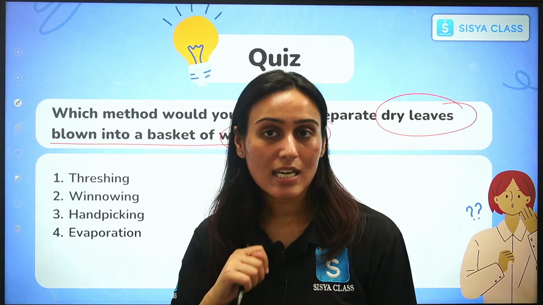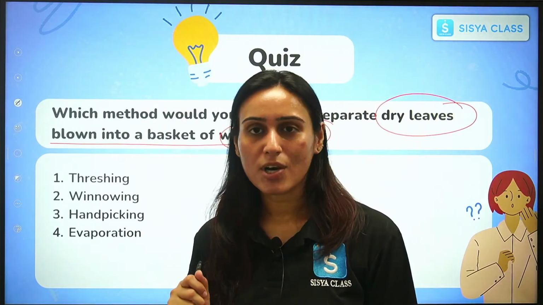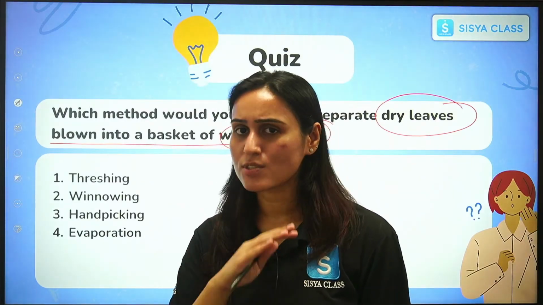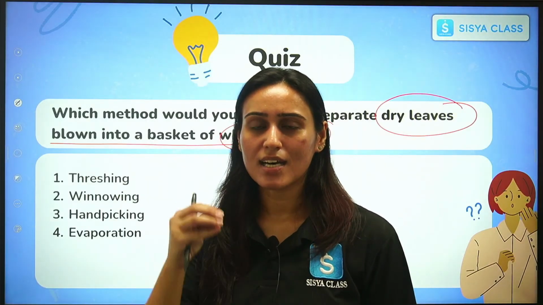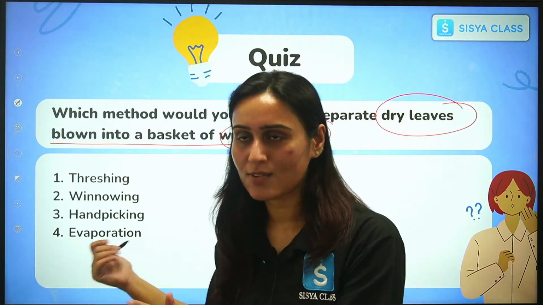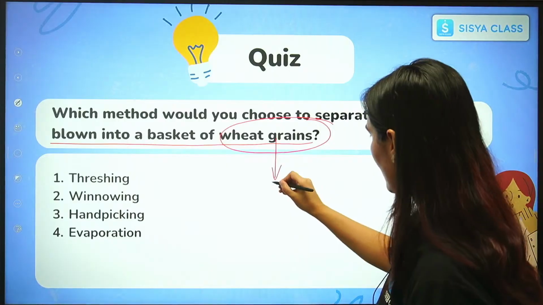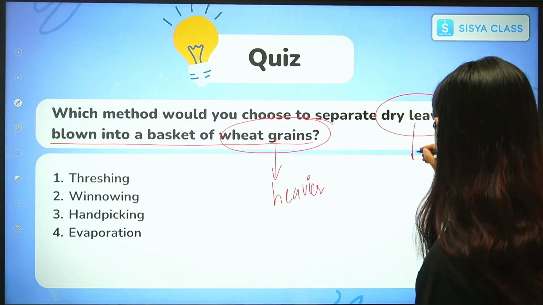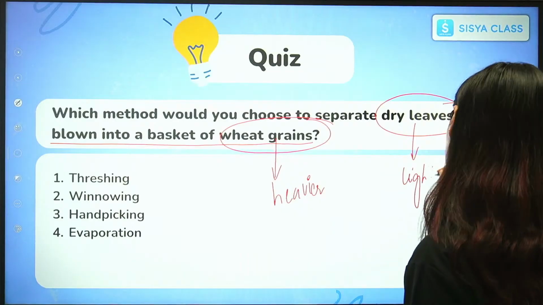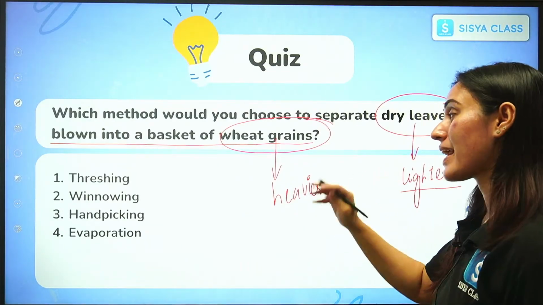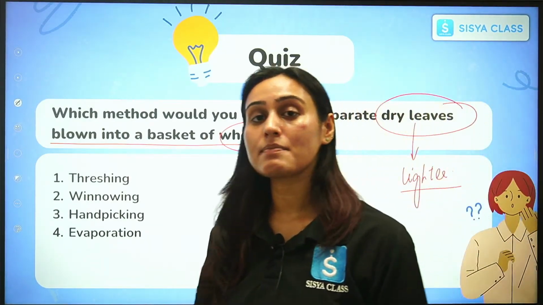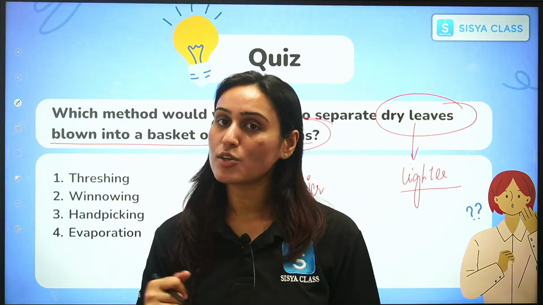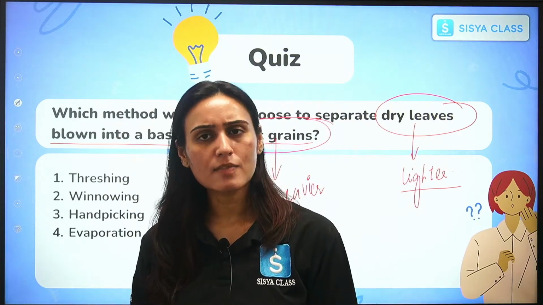There is a difference in density. Which method can you employ here, everyone? Can you answer this question also? Very simple, based on the method we have learned just now. This is heavier, and this is lighter. So in order to separate out something lighter from something heavier based on the difference in density, which method are we going to employ here?